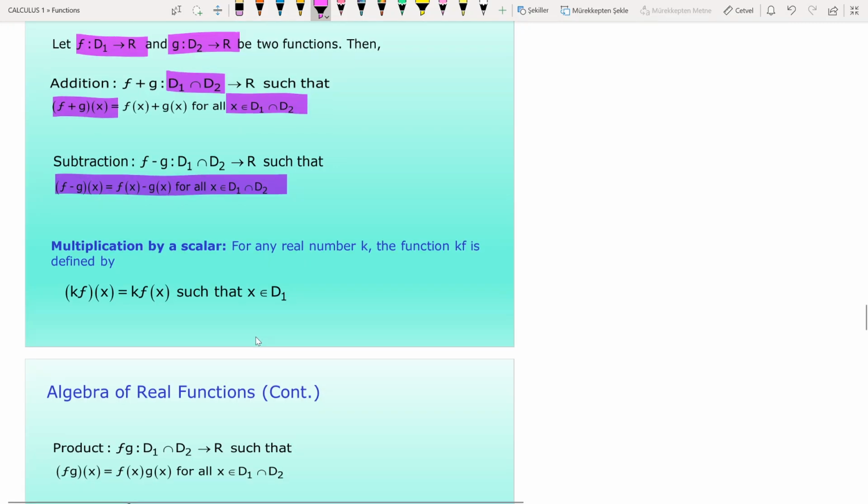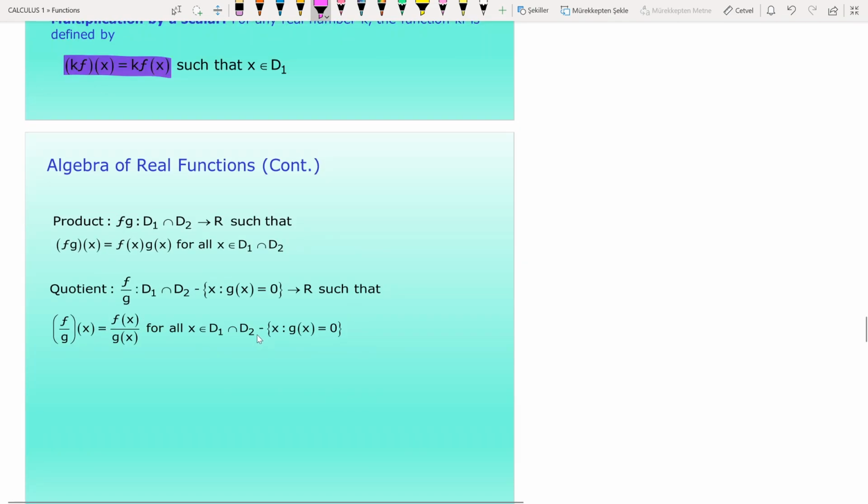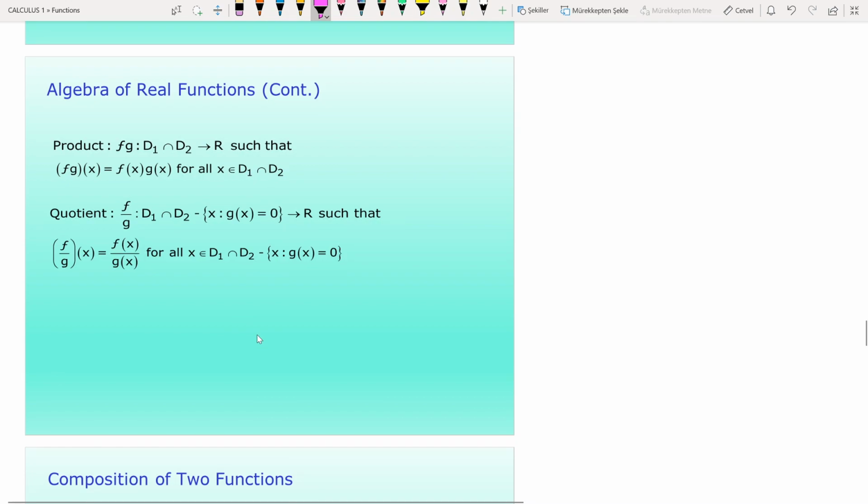If you multiply by a scalar, then you have this equality, and they are very basic properties actually. And you have the same thing for the product of two functions, but be careful about the quotient of two functions, f over g.